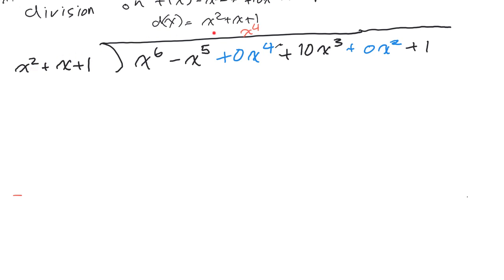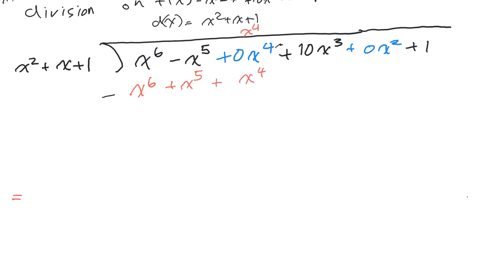So x squared becomes x to the 6, and then we have x to the 5, and then plus x to the 4.